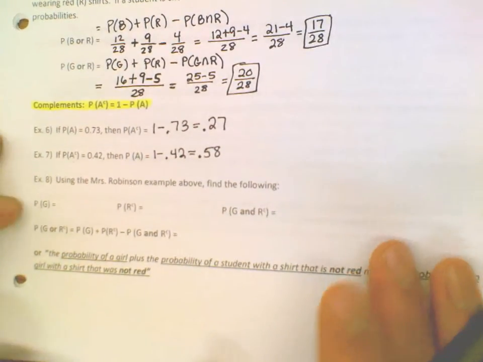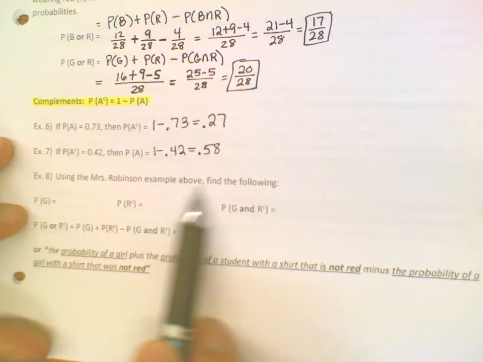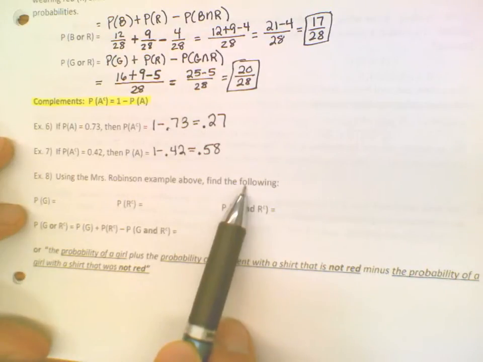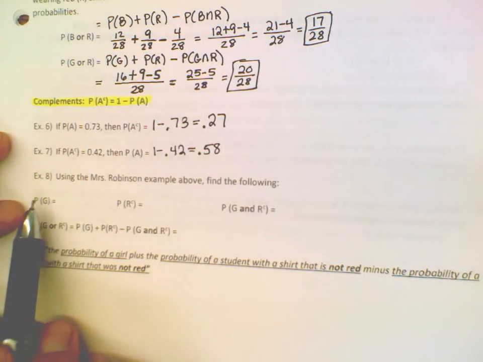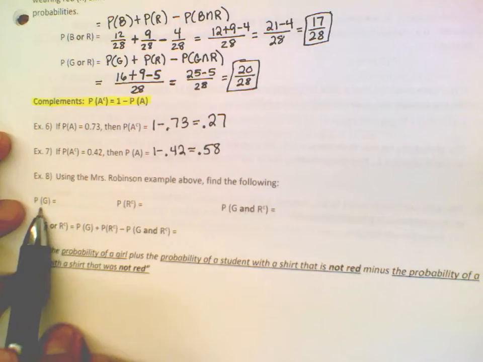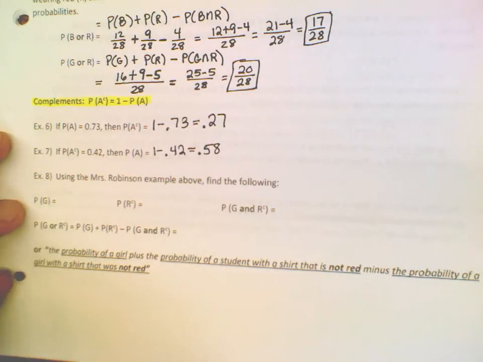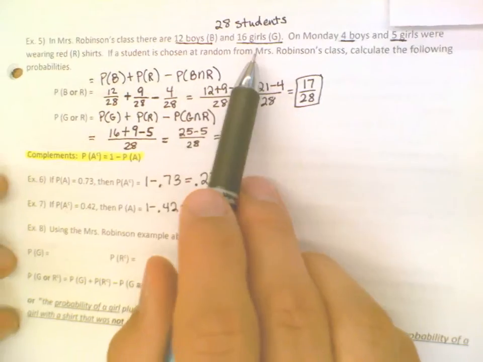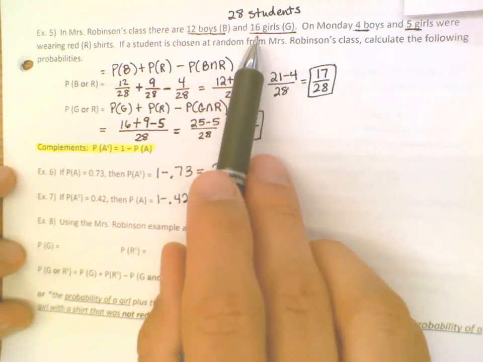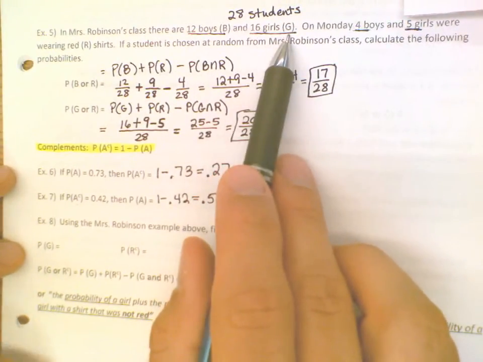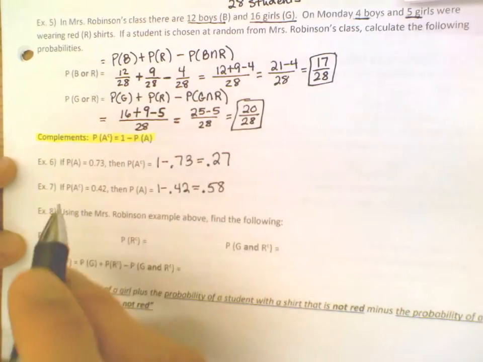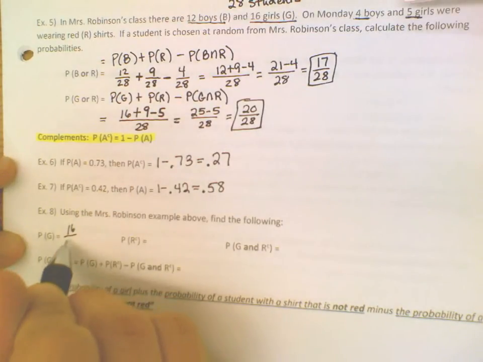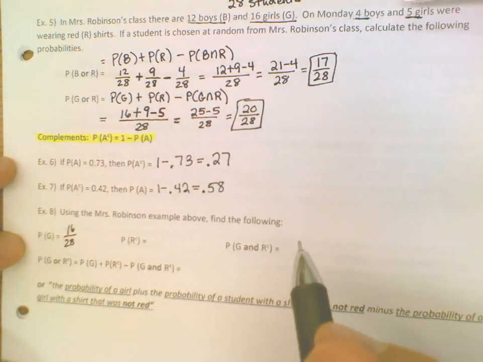And we're going to still use Mrs. Robinson's example above to find the following. How many girls were there in Mrs. Robinson's class? Look up and read. How many girls? 16. So 16 out of 28.